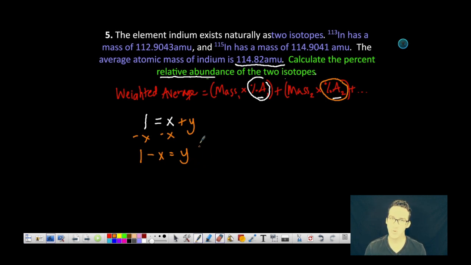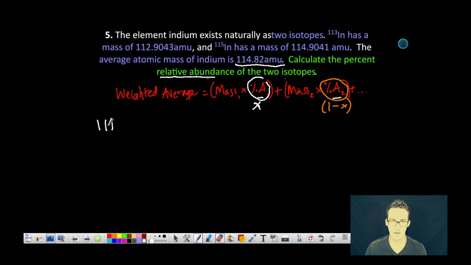So how can we use this information to help us solve? Well, if we set the percent abundance of our first isotope equal to X, and our percent abundance of the second isotope equal to 1 minus X, then it just becomes a matter of using our awesome algebra skills to solve this problem. So now let's plug them in and chug. Our weighted average here is 114.82 AMU.